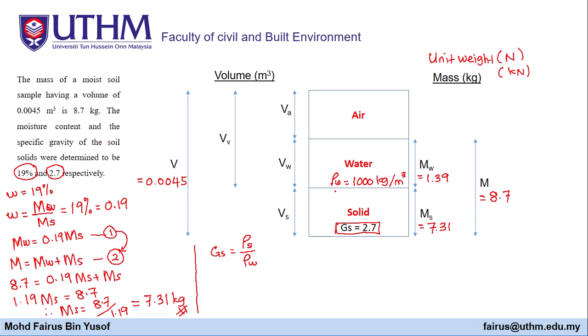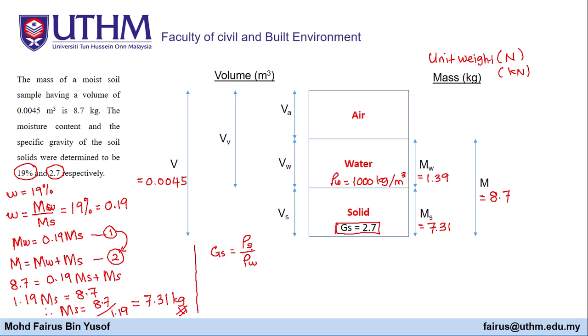You cannot use rho W equal to 9.81, because 9.81 can be used for unit weight of water. If the given data is in kilonewton and the volume is cubic meter, then you can use gamma water equal to 9.81. This is a very important part here.